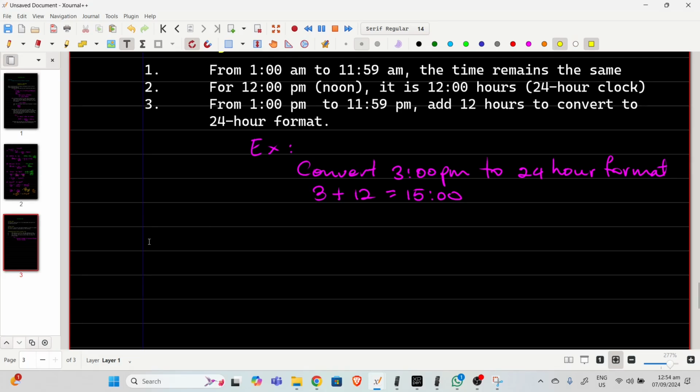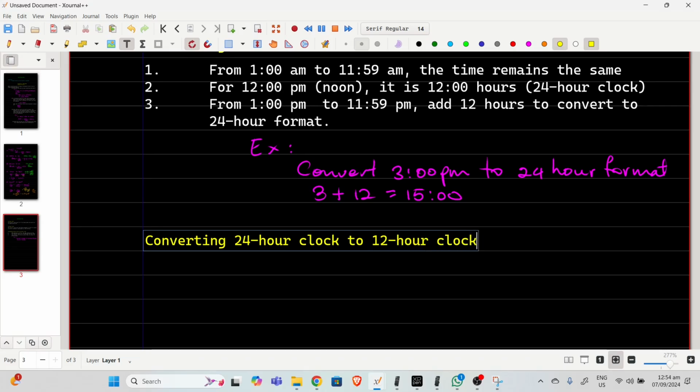Let's do the other way now, which is convert back into the 12-hour clock from a 24-hour clock. So we're saying converting 24-hour clock to 12-hour clock, right?